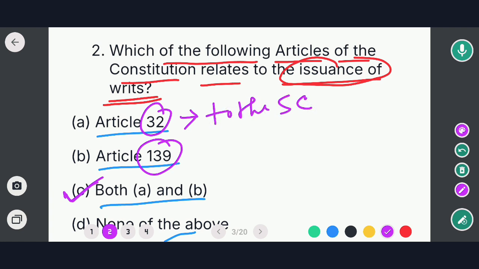Under Article 32, it is for violation of any fundamental right.